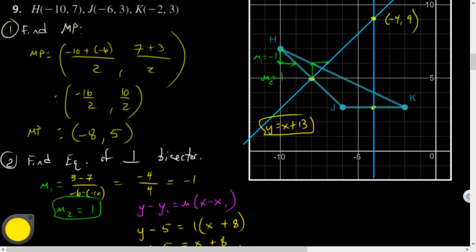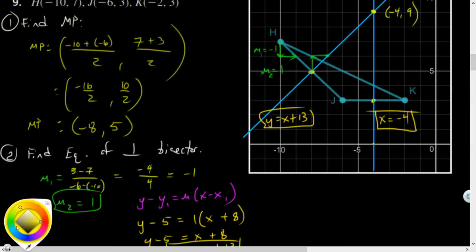I could have also found the equation of the perpendicular bisector for HK. This equation, does anyone know the equation for this vertical blue line? The slope is undefined, but the equation... Yeah, -4, right?